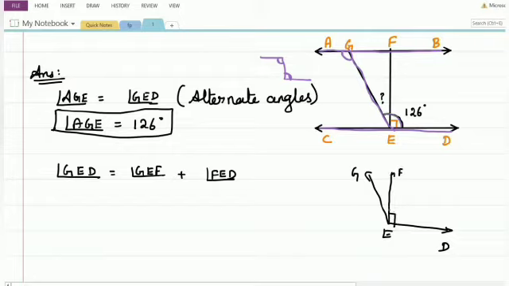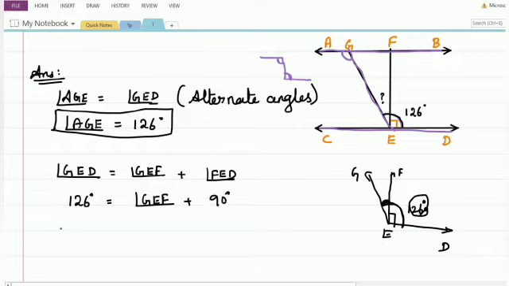Here is the variable F. So they have given us the full angle is 126 degree and we have to just find out this remaining part. So when I subtract 90 degree from the full 126 degree, I will be getting what is GEF. So GED is given as 126. GEF, we are going to find out what it is, plus FED is 90 degree. So take 90 degree to other side.